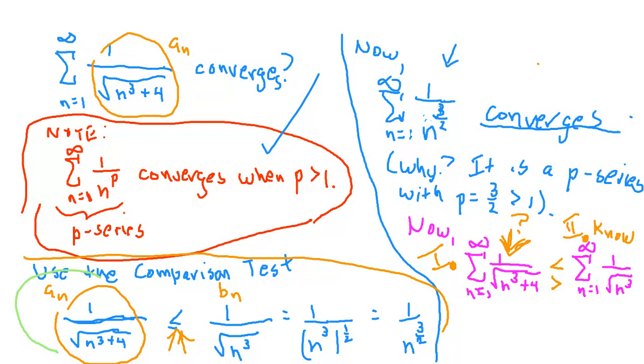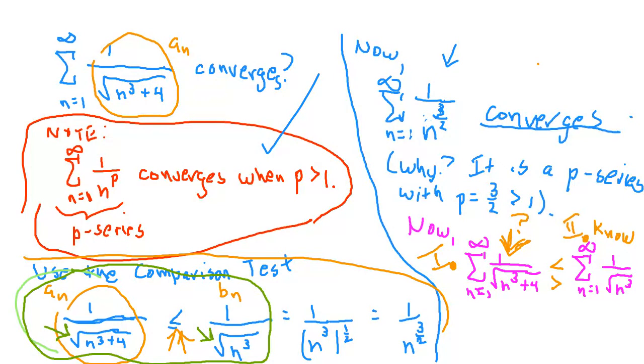Isn't 1 divided by the square root of n cubed plus 4 less than 1 over the square root of n cubed? Yonatan's noting this: the denominator, square root of n cubed plus 4, is greater than the denominator, square root of n cubed. So the a sub n term has to be less than the b sub n term.